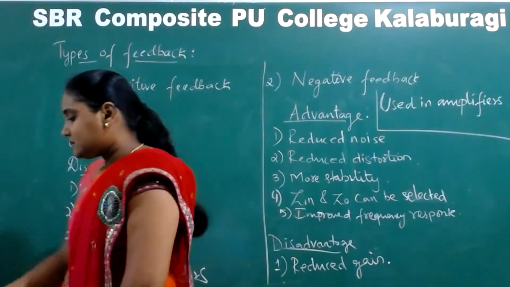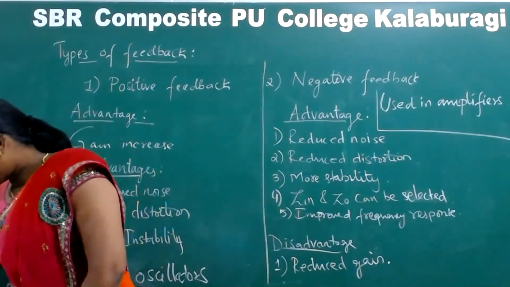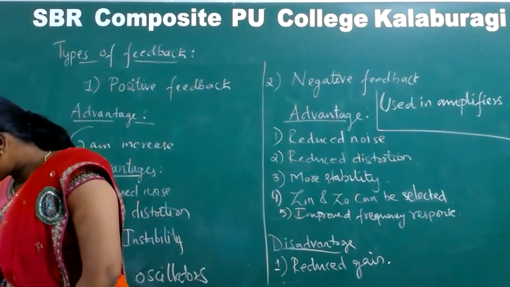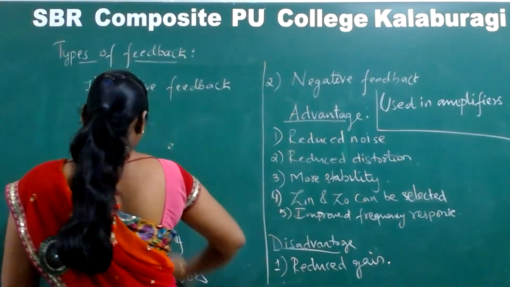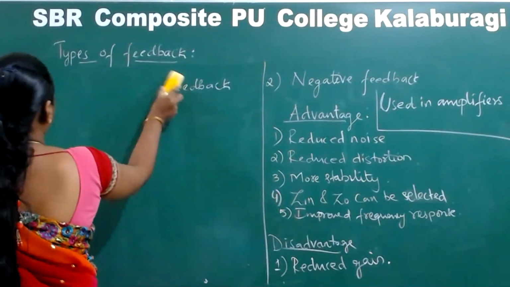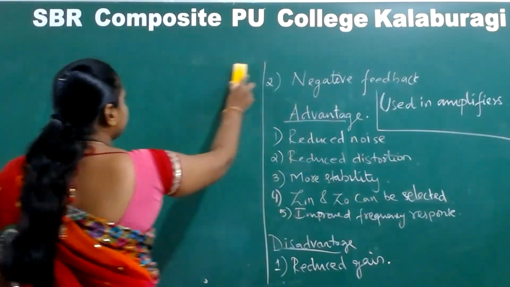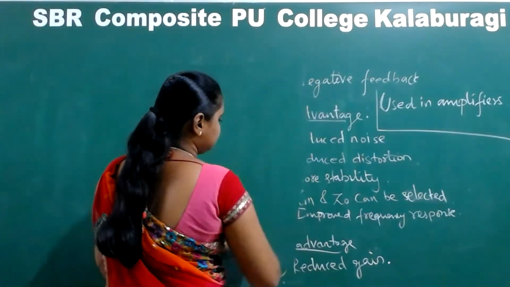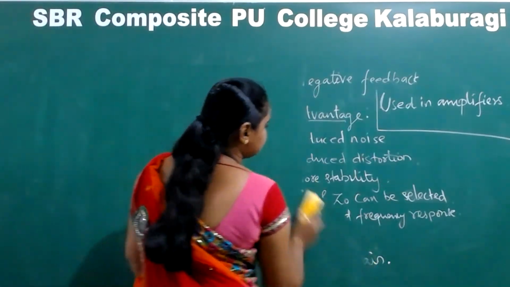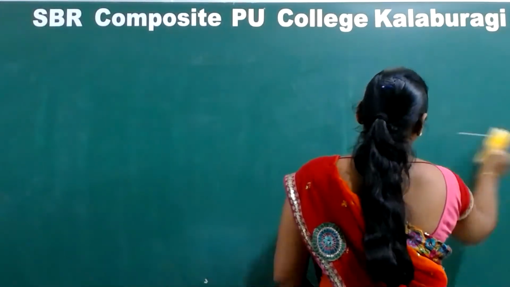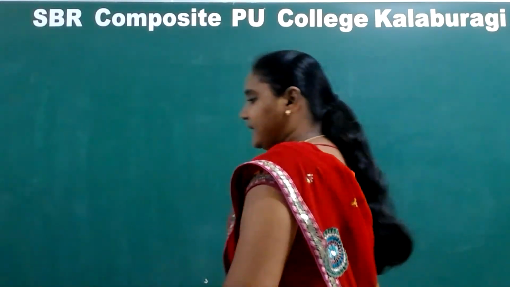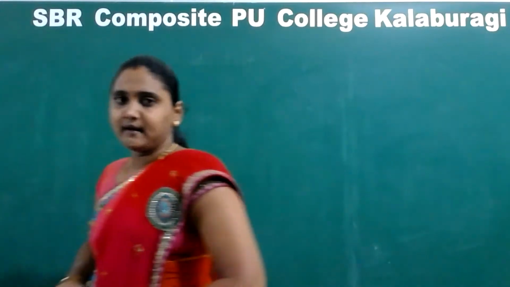Now I am going to draw the block diagram of the feedback network. You will get the exact idea of how it is going to operate. The block diagram that shows feedback in amplifiers.